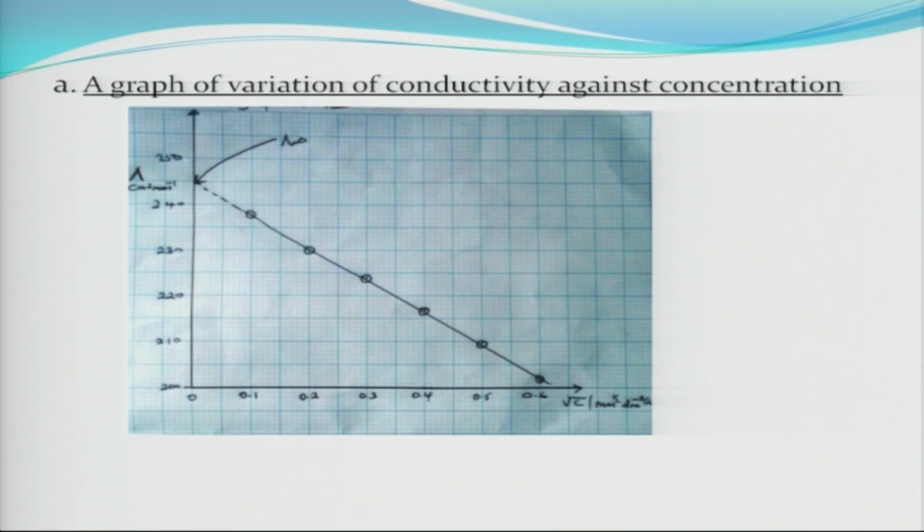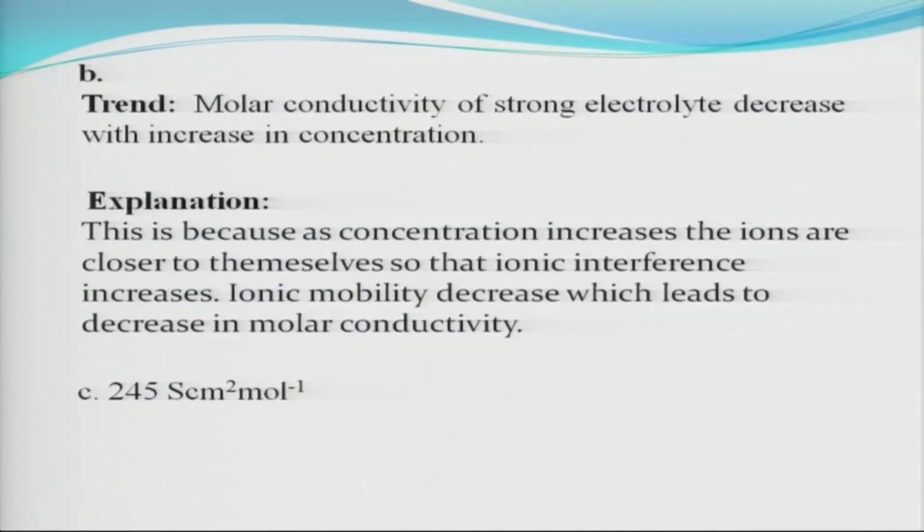You need to have a title and labeled axes, and you can see how we extrapolated our value here, such that we can get the molar conductivity at infinite dilution, in case they ask it. So you can tell us the value of molar conductivity at infinite dilution. It is 245.